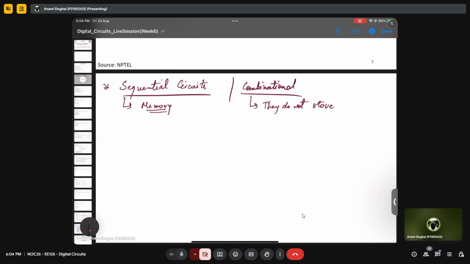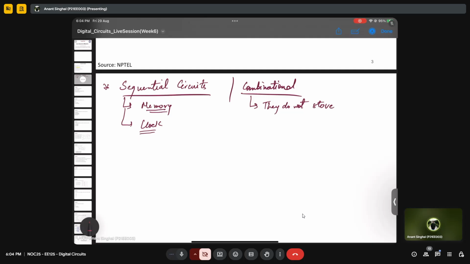Like in your computers, you have random access memory, read-only memory, and so on. That consists of clocks that help in realizing the connection between the related output and input. Let me give you a very basic example.